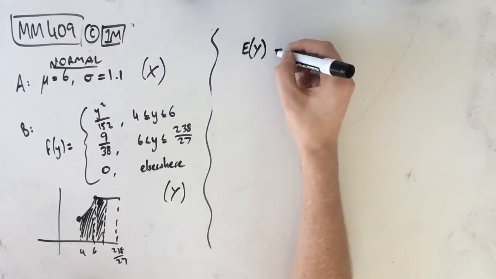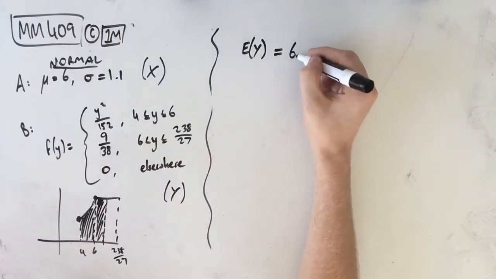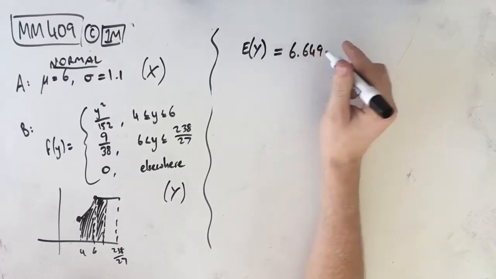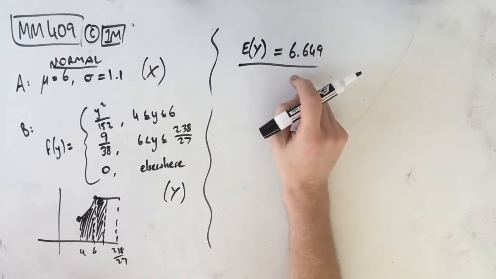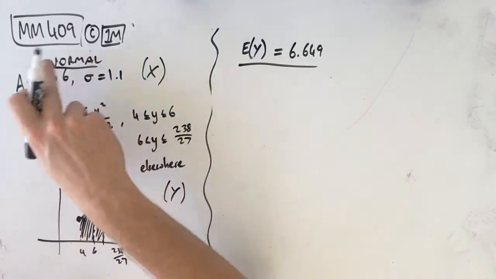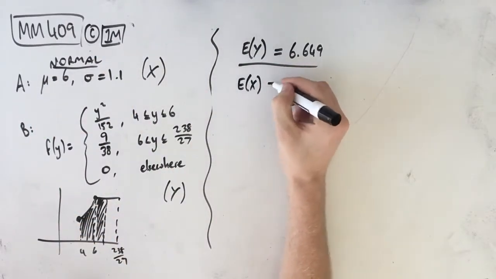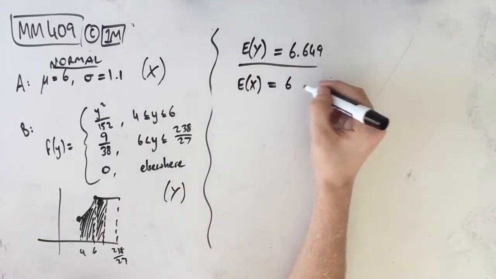So what we found out in part B is that if a customer goes to factory B, the average time taken for their piece of furniture to be done is 6.649 hours. What we also know is that factory A is a normal distribution with a mean of 6, which means that the expected time to complete a piece of furniture for factory A is 6 hours.